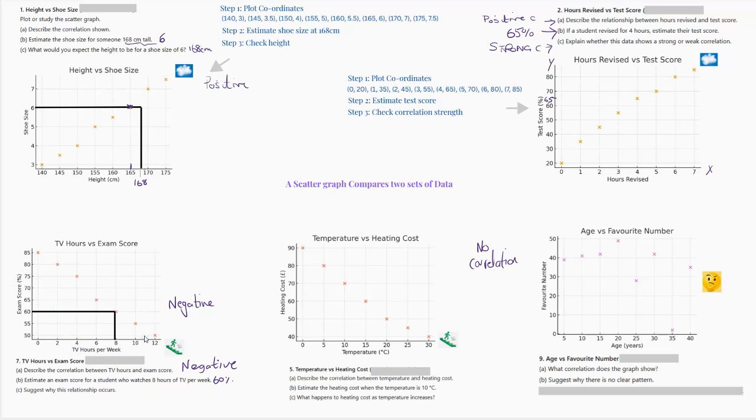So because 12 hours was 50%, let's see what would happen if you only watched 2 hours of TV per week. If you go all the way up, that's 80% on your exam. So it makes a big difference, doesn't it, to revise? So suggest why I just put less study time.